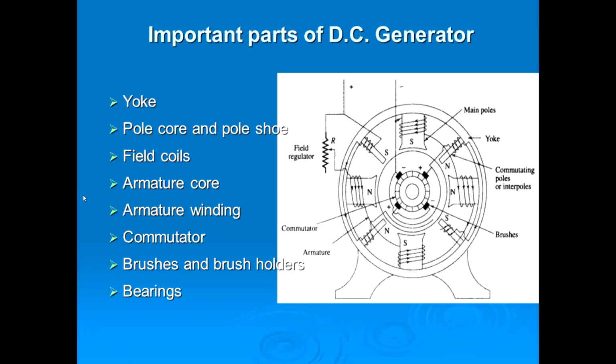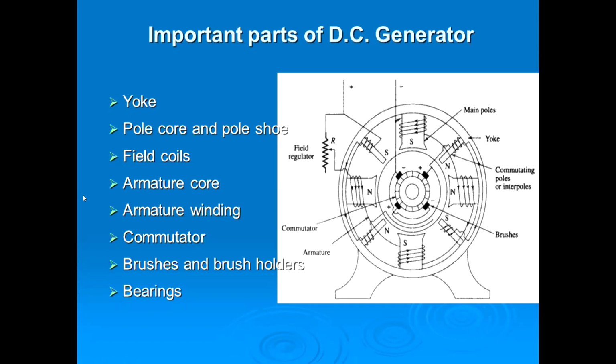Once you see the cross-sectional view, what are the major parts? The yoke has two parts, the pole core and the pole shoe. On the pole you place the windings, that is the field windings or field coils.